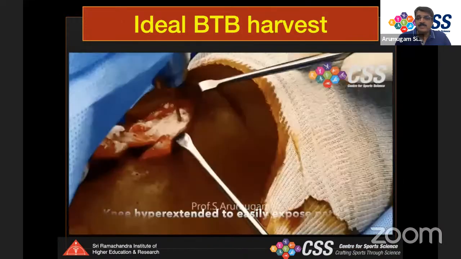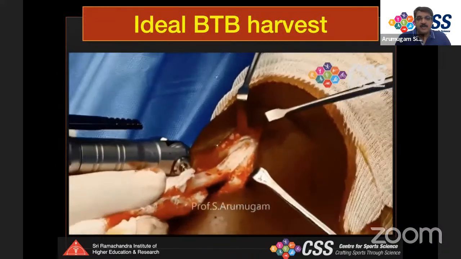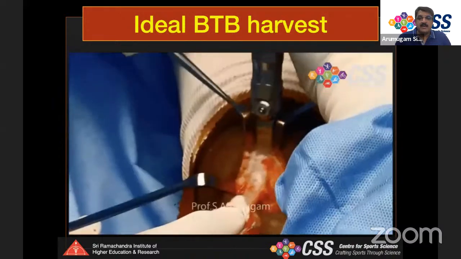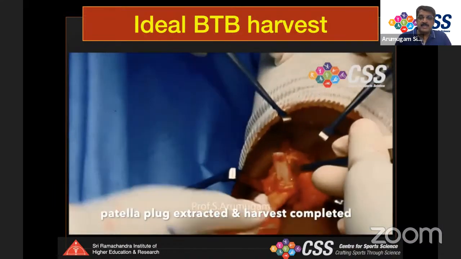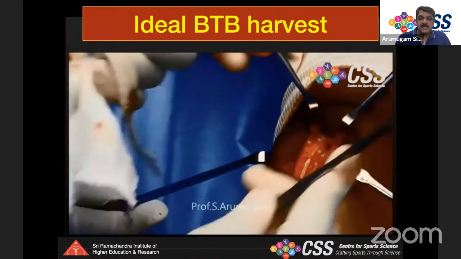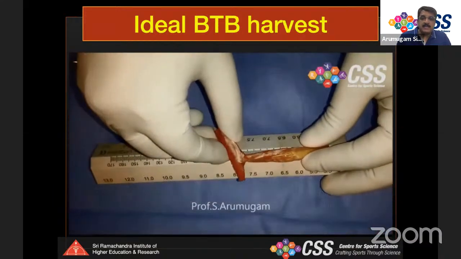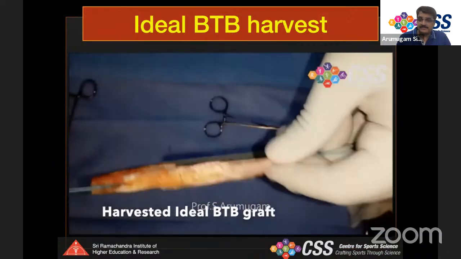The mobile window is placed over the patella. Again, pre-drill the patella bone plug and use a saw. Never use a 90-degree angle. Harvest the patella apex first, so that it reduces the stress risers. And this is the end of the incision, a small one. And this is the tibial bone plug that reduces the effective tendon length.